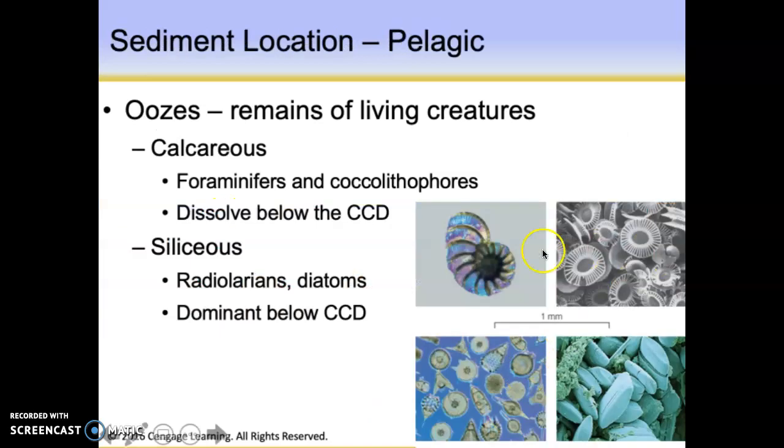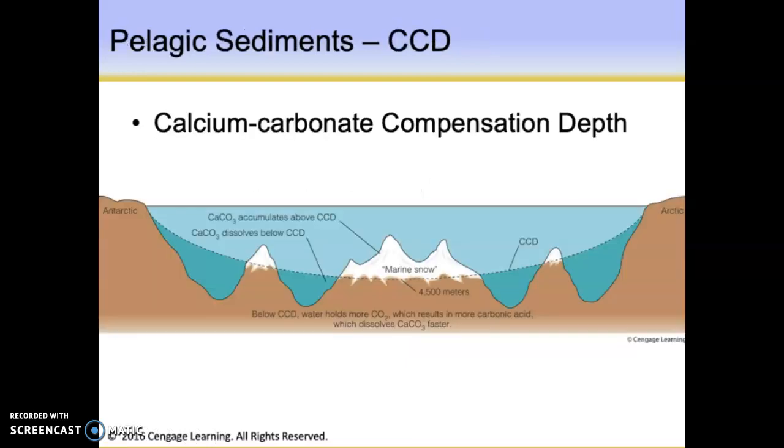So the shells you see on top here, when they get into that really deep water that is acidic, they will dissolve. The depth at which they all dissolve, they're all gone, is called the calcium carbonate compensation depth, or CCD.